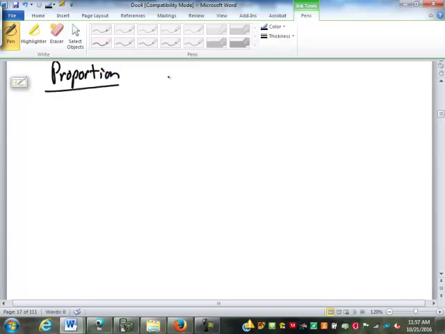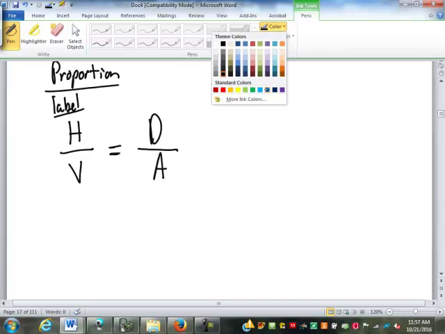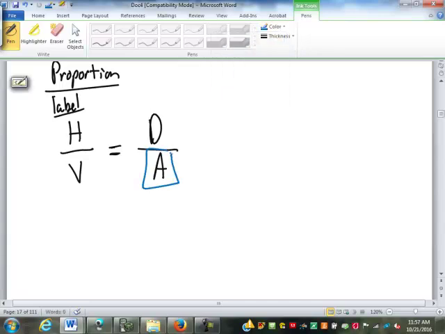If we're looking at the proportion method, we're going to look at our label with our on-hand dose over our vehicle. And on the other side, we're going to have our doctor's orders or desired dose over our administered dose. So what we're trying to administer is right here.